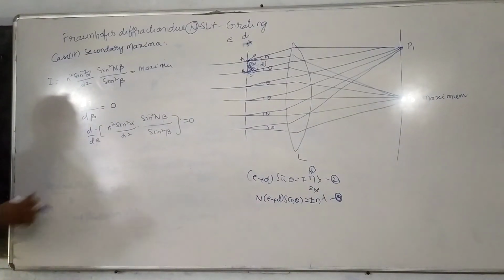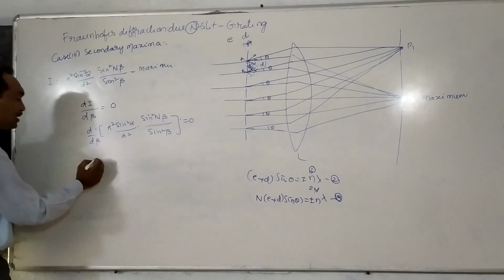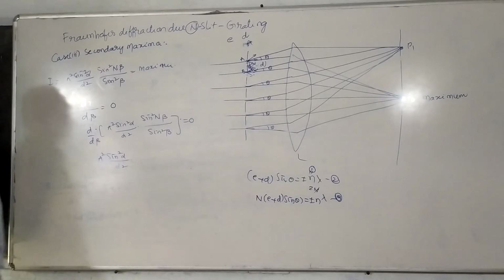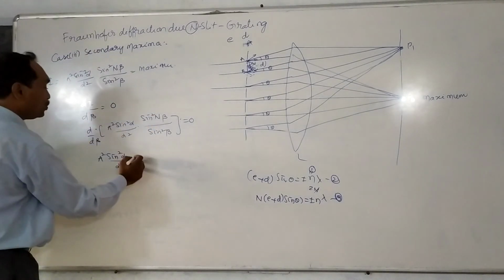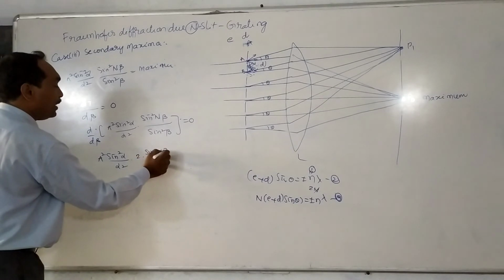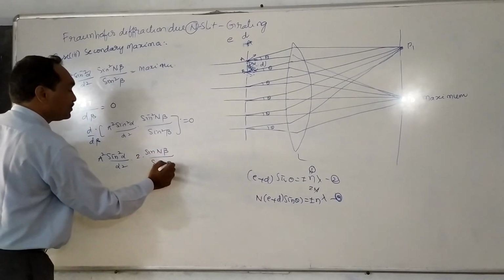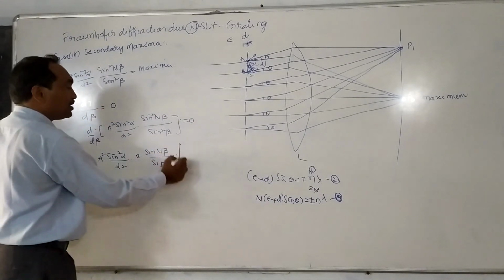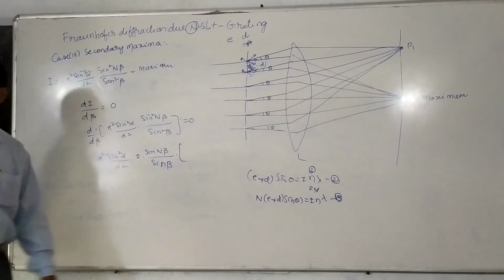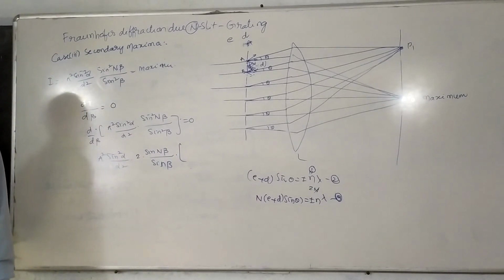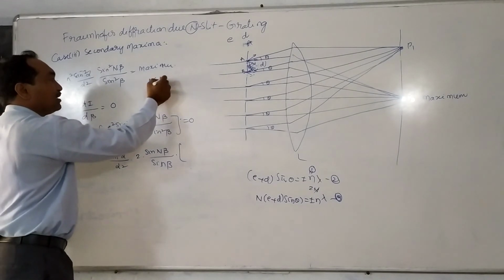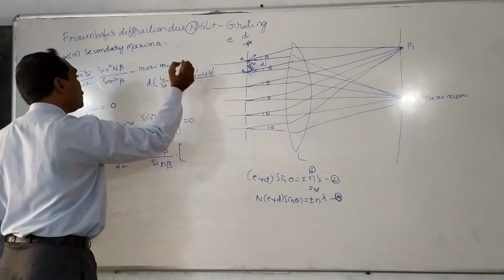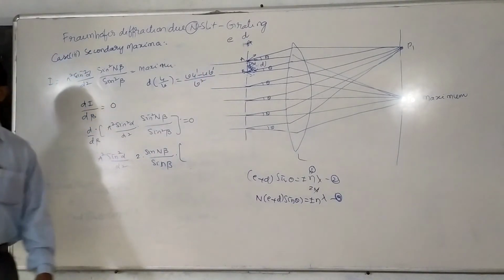Now, we know alpha is not depending on beta, so a square sin square alpha by alpha square is constant. Differentiation of this, that is 2 into sin n beta by sin beta, is like x square, that is 2x into the differentiation of sin n beta by sin beta, which is like the u by v method. Am I right? What is the formula for d of u by v? It is v u dash minus u v dash by v square.